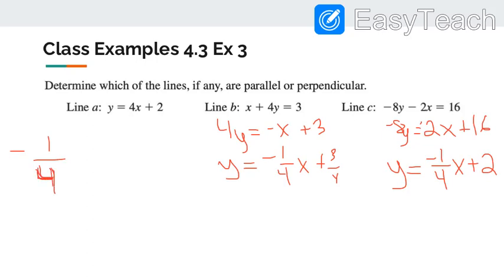So negative 1/4 is our perpendicular slope to positive 4, meaning that A and B are perpendicular and A and C are perpendicular. B and C here are actually parallel because they both have negative 1/4.